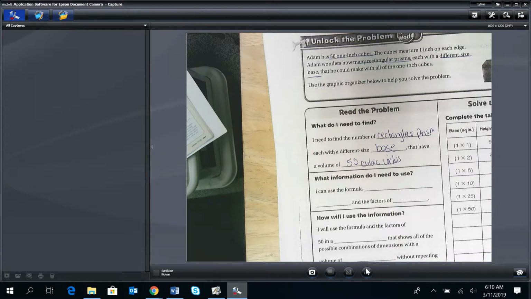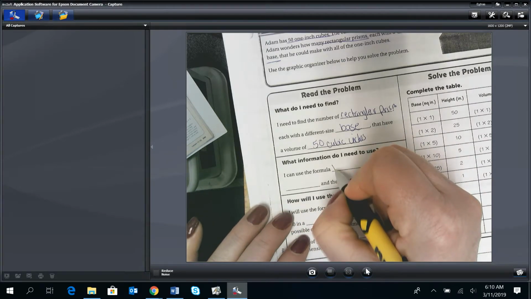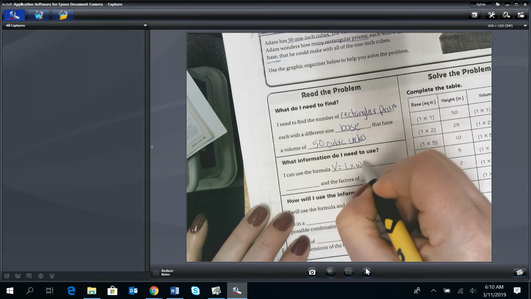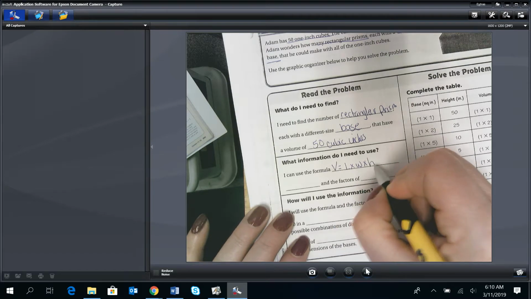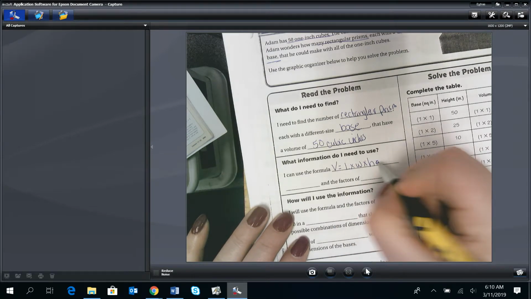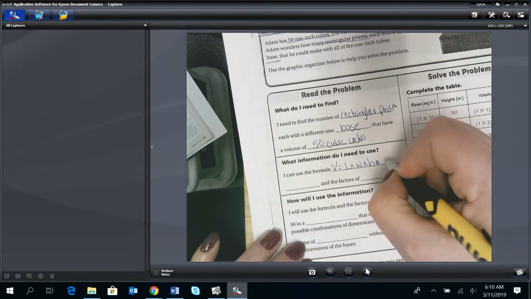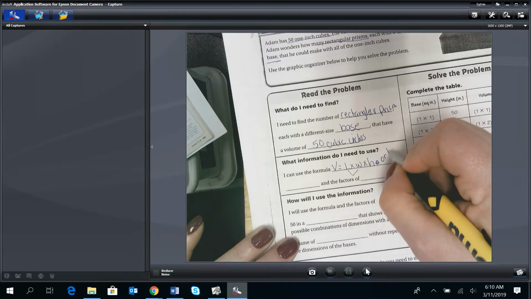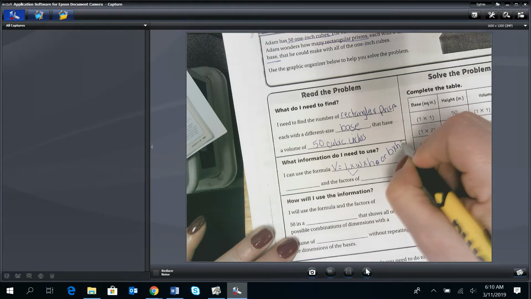Okay. I can use the formula of length times width times height equals volume. Or, what do we know length and width is? The base times the height equals volume.